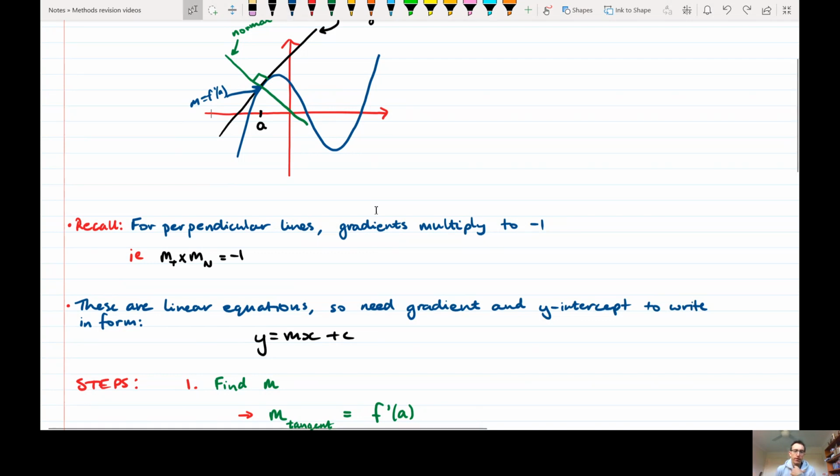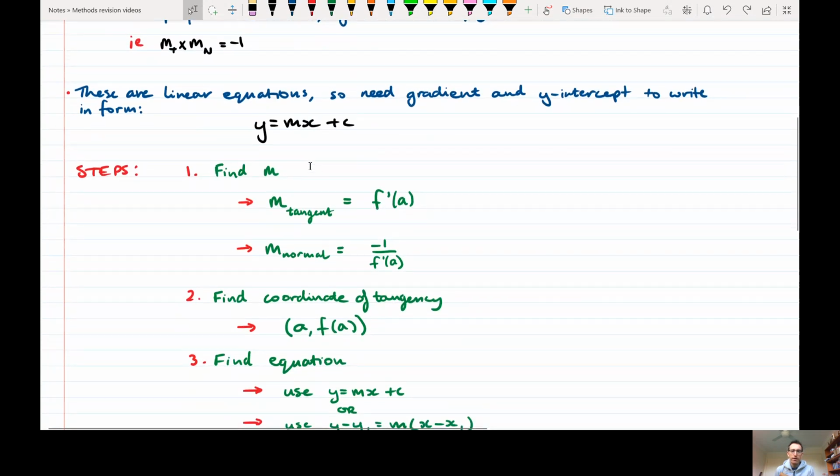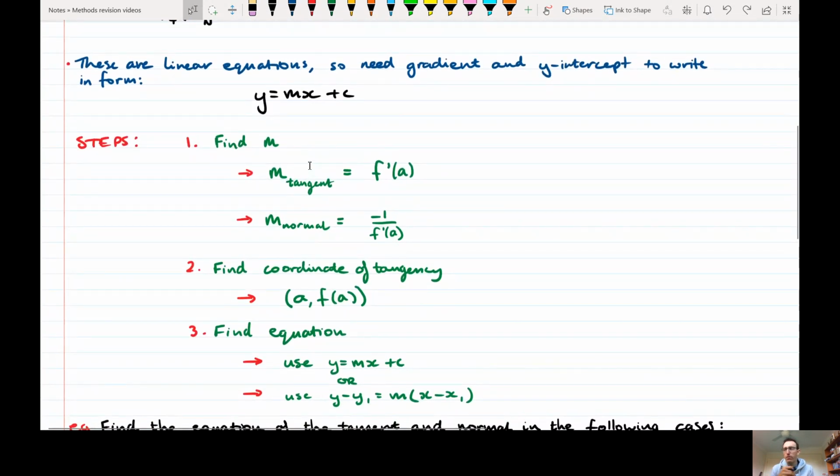Like I said before, they're given a linear equation, so you can use y equals mx plus c in that form. Often with the normal, you'll end up with a fraction for your gradient, and when you have a fraction for your gradient, they often like to write it in standard form, which remember is ax plus by equals d.